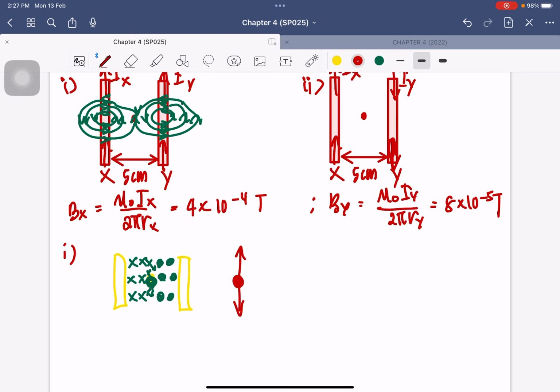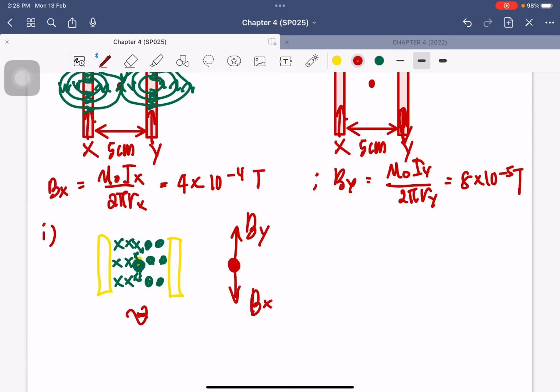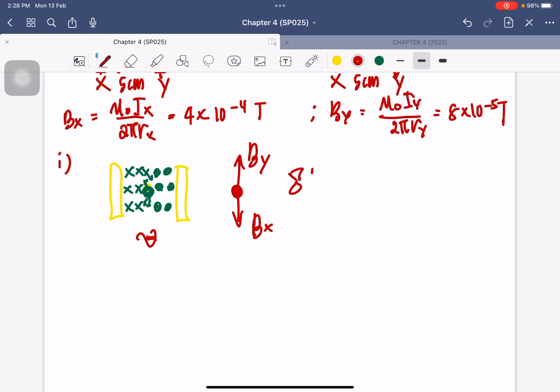If we look at it this way, the one that points downward is BX, and the one that points upwards is BY. So the resultant is just BX plus BY.